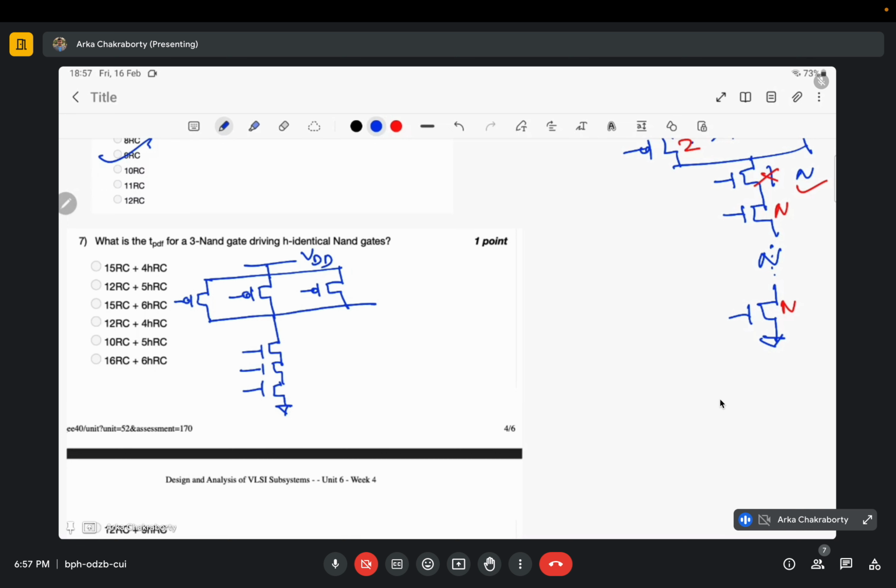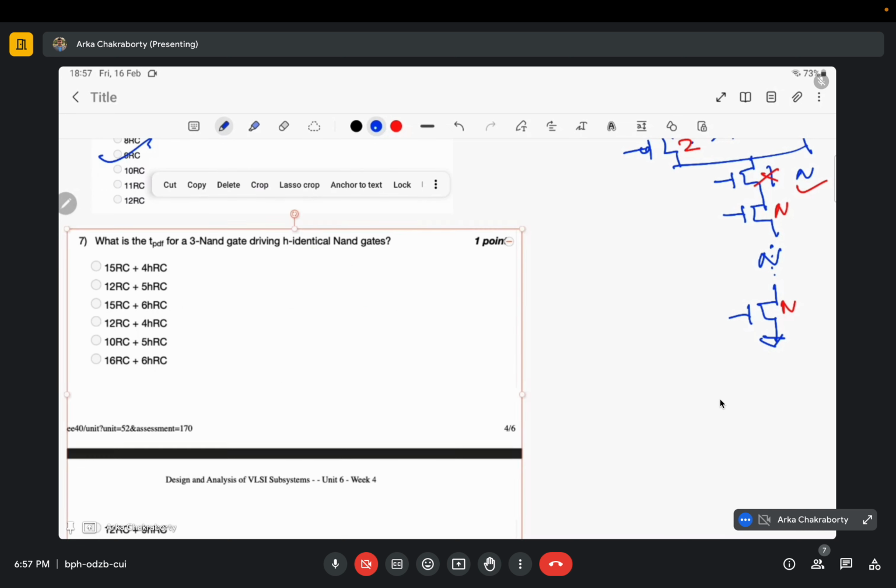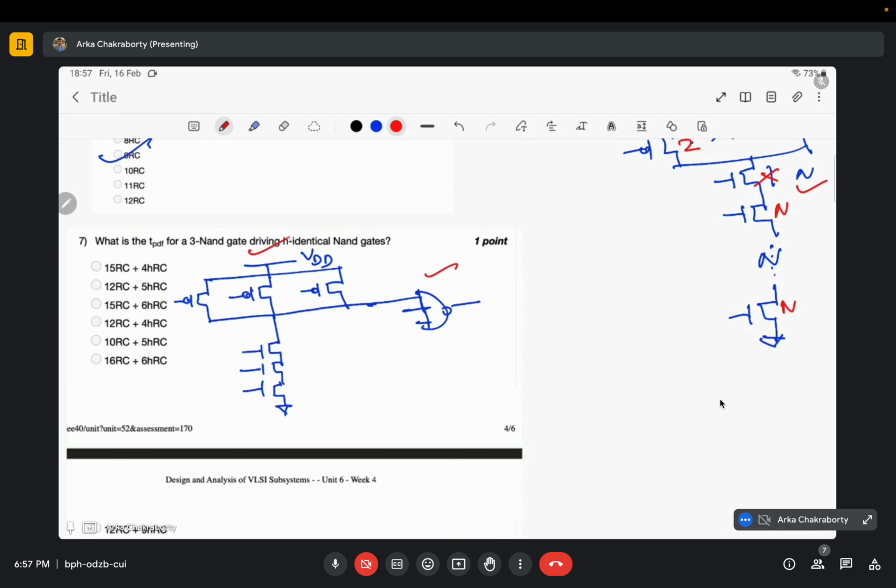Let me not draw it again and again. Let me just draw a 3 input NAND gate here. Basically, this gate is identical to this gate.